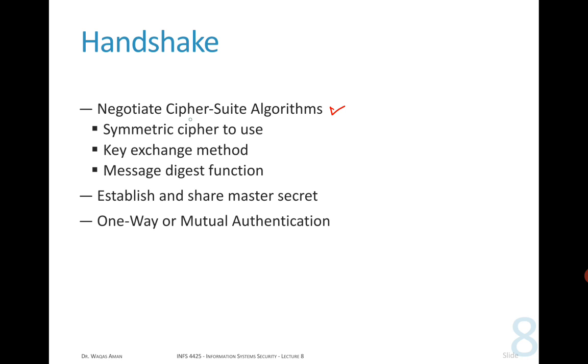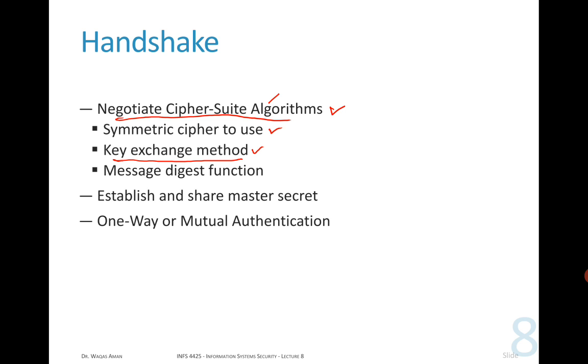So here we negotiate the cipher suite. Suite means the combination of the ciphers for confidentiality, for integrity, and for the compression. And also for the key exchange. So this negotiation includes what? The symmetric cipher to use. Which symmetric cipher will we be using? Cipher means the encryption algorithm. It specifies the key exchange method.